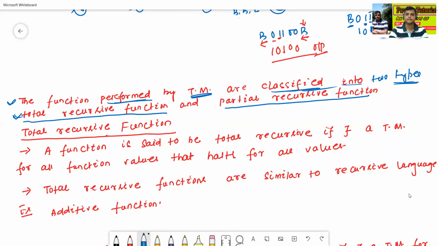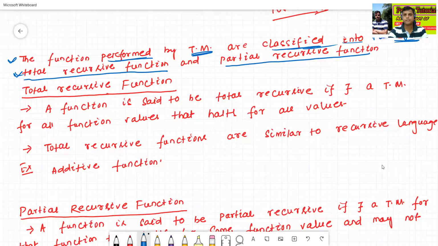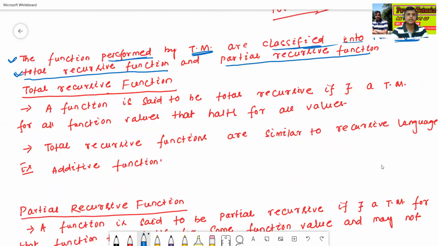What is the meaning? See, the first one is the total recursive function. What is the meaning of total recursive function?